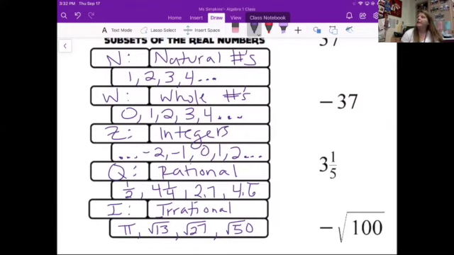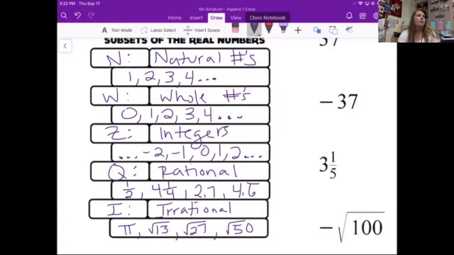So here's what I would like you to do. On the right-hand side, you should see 6 numbers. They're written vertically. I want you to tell me all of the categories that that number can belong in. So what I would do is start with the most specific you can think of and name the ones after that. And you can just use the letter if you would like to. So if you're calling it an integer, you can just use Z if you want to do that.